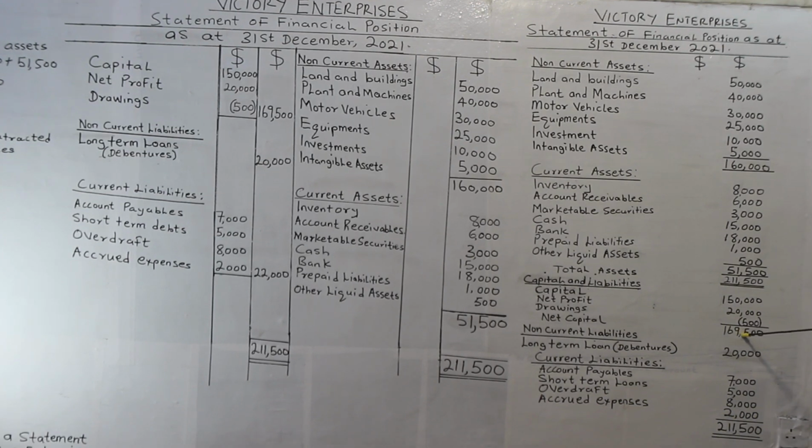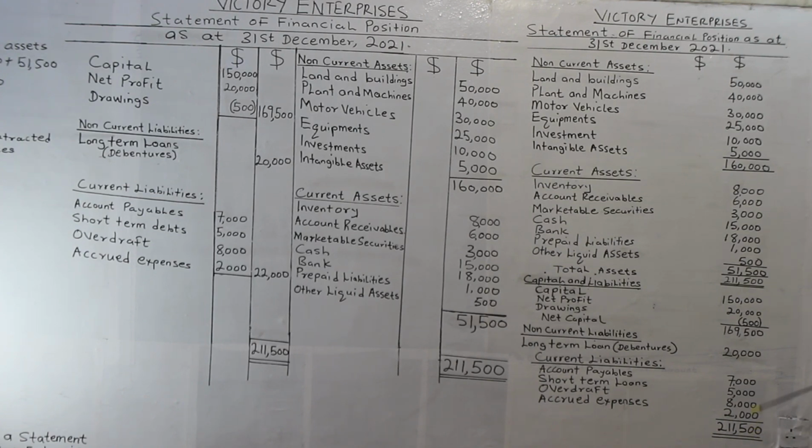So if you add 169,500, which is the net capital figure, plus 20,000, which is non-current liabilities, that is long-term loan, which can be in the form of debentures, plus the current liabilities items, 7,000 plus 5,000 plus 8,000 plus 2,000, that is added from here to here, you have a total of 211,500.